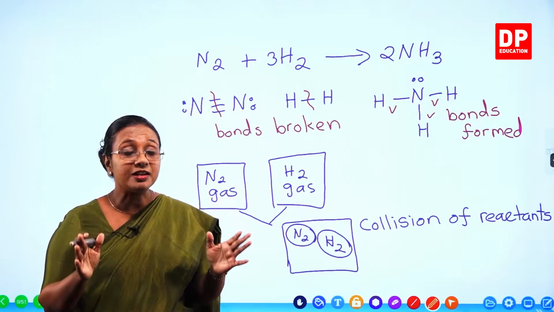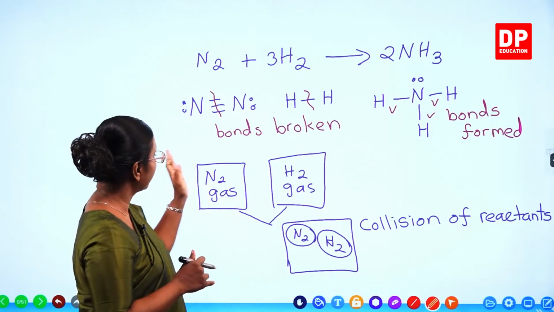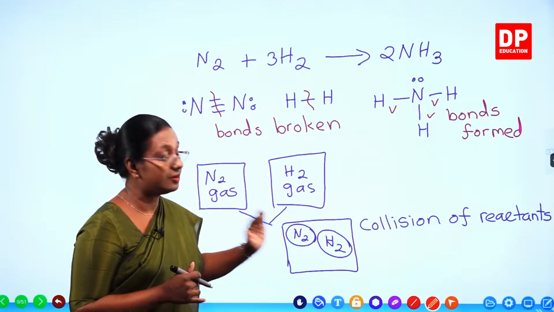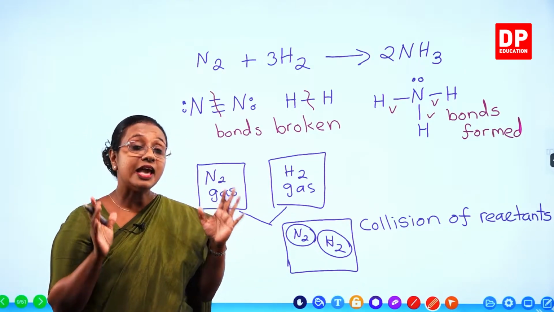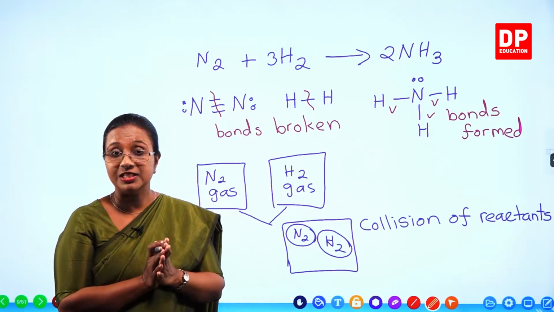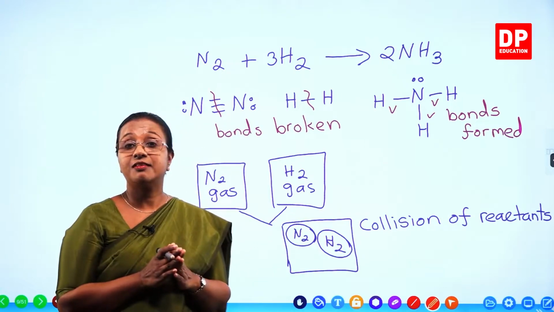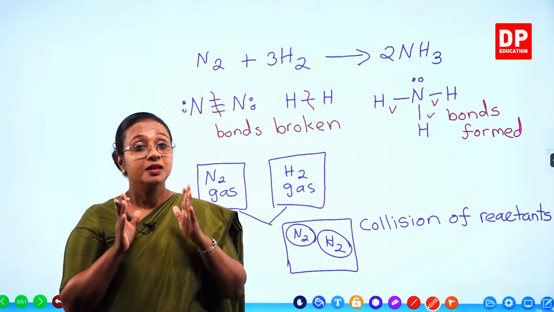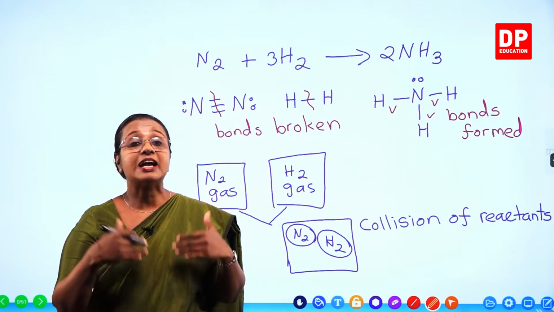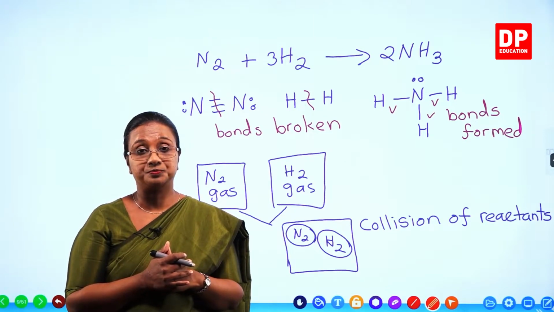So for a chemical reaction to occur, that is for the reactants to be converted to products, the reactants have to be in contact with each other so that there will be collision between reactant particles. Then only the reaction will take place.